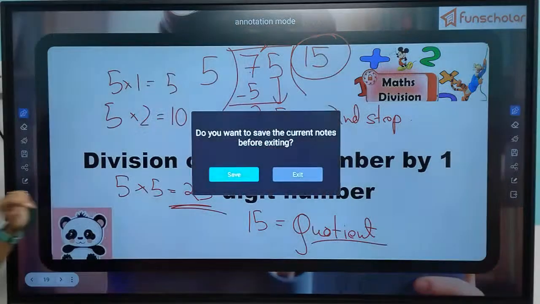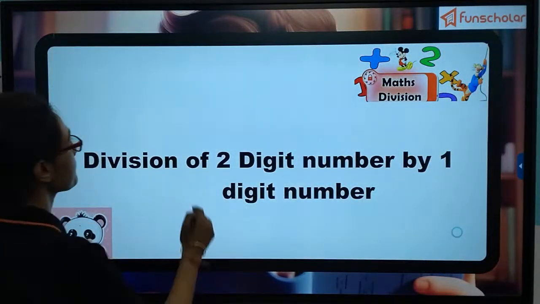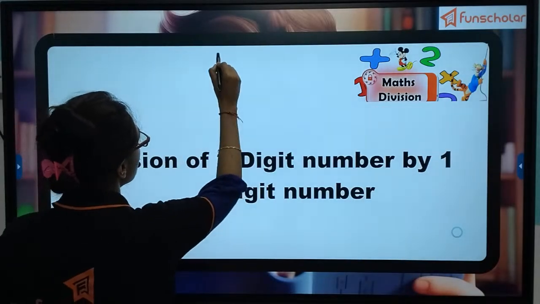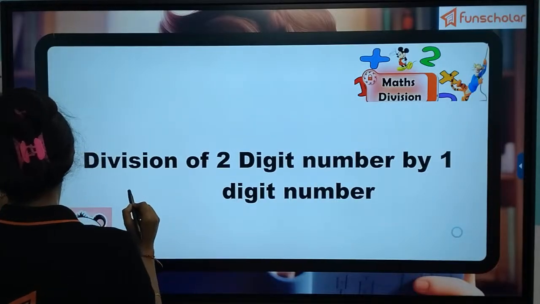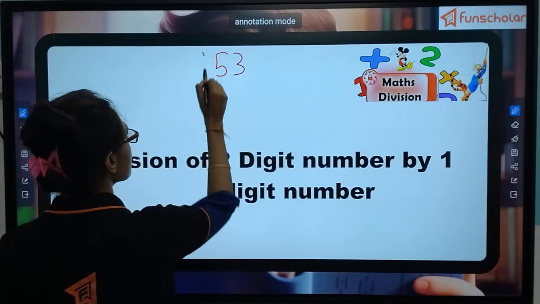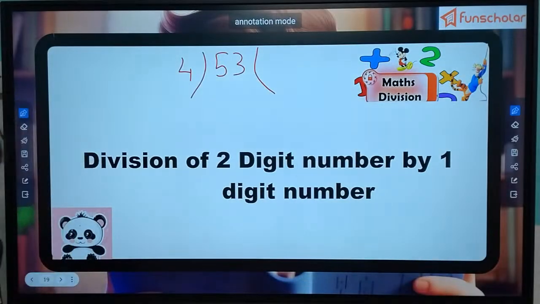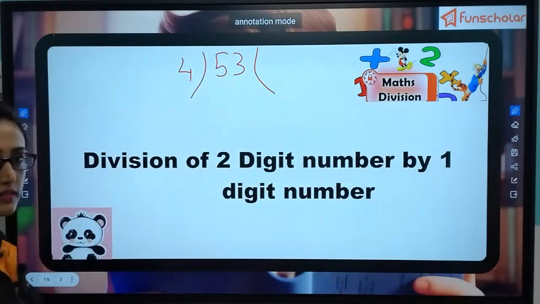Next will be where we will get remainder. So let me take 53 divided by 4. I've taken a number. This is the dividend, this is the divisor.